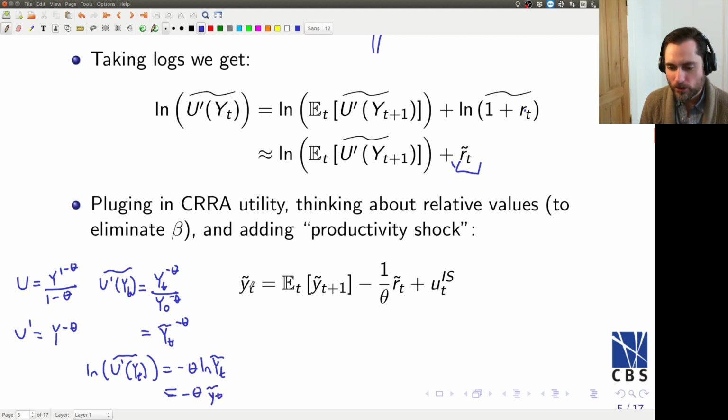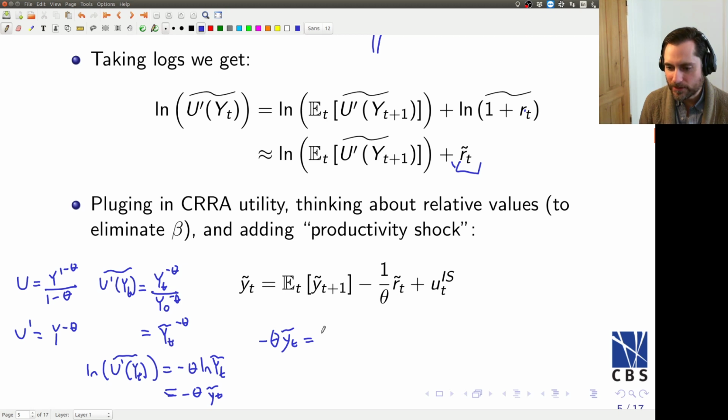Okay, so we get this, and then you can see that now. Let's just rewrite this expression with our derivation here. So then we're going to get negative lambda little yt tilde is equal to, and this expectation is going to work exactly the same way because y0, there's no expectation here. It's just a number.